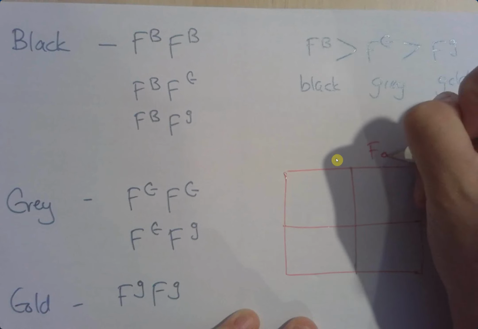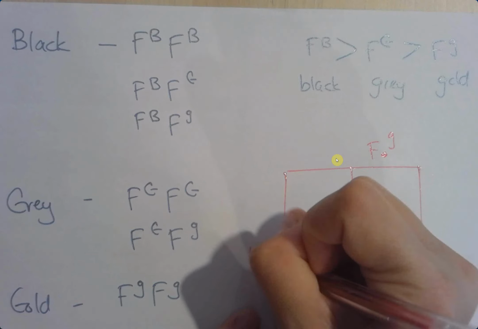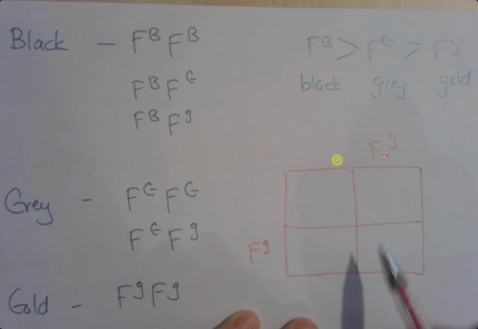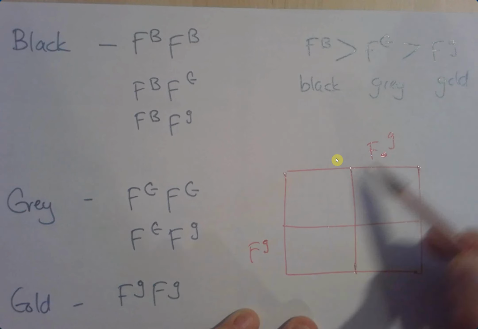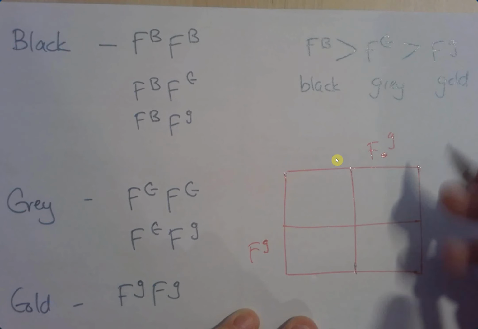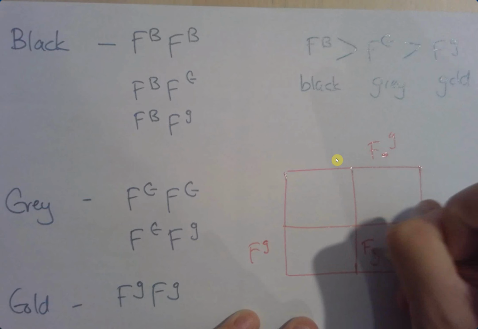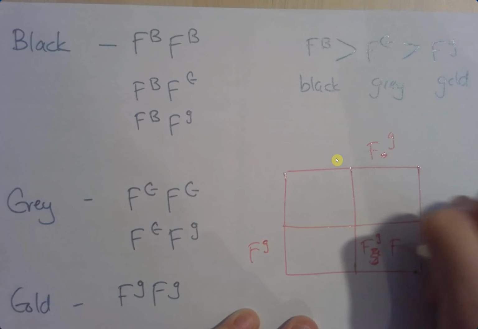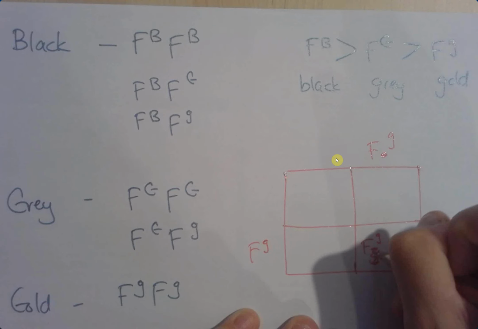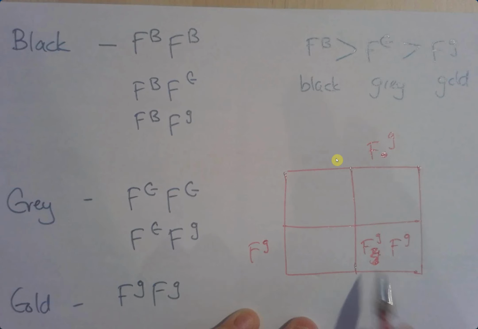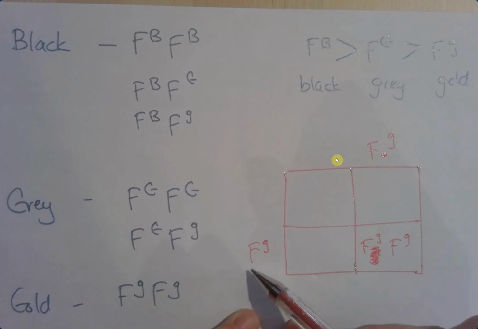So if I have a parent that's heterozygous and they both have the recessive genotype, that means it's then possible to get the genotype that is the hidden recessive one. So that's why I know I have to have heterozygous to that.